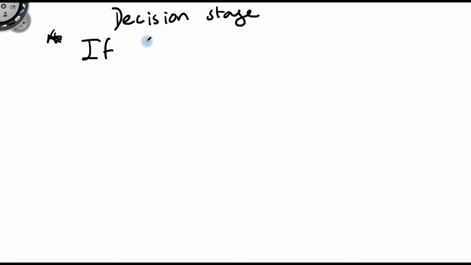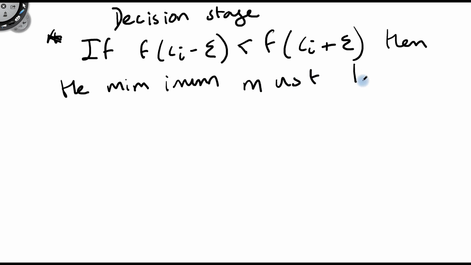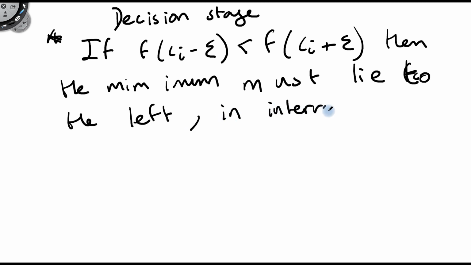So if f of CI minus epsilon, on the left hand side of it, is less than f of CI plus epsilon, then the minimum must lie to the left in interval AI, CI plus epsilon.